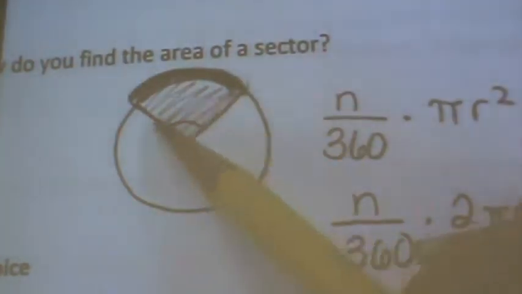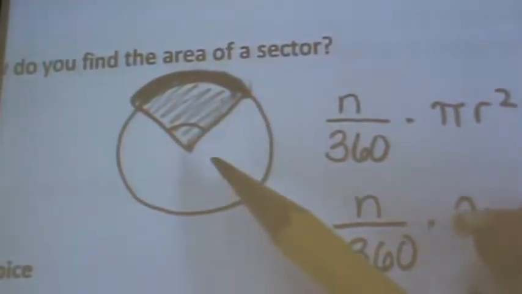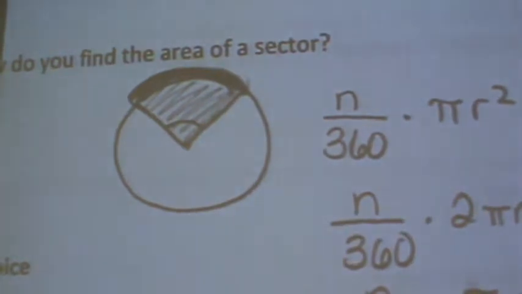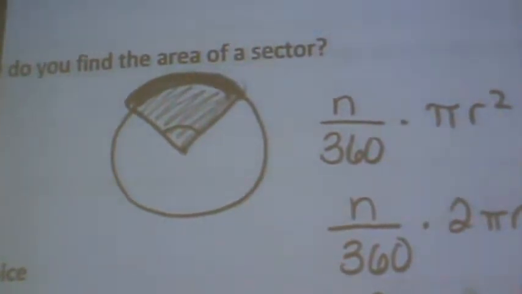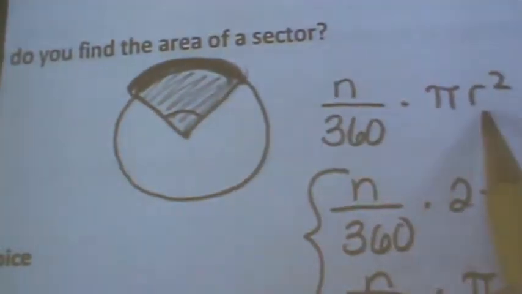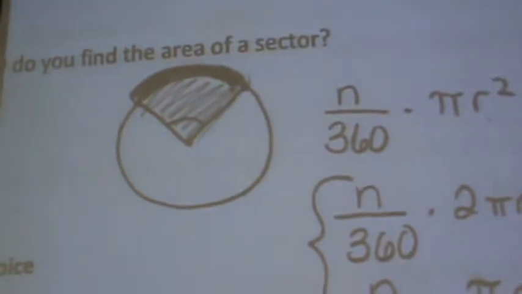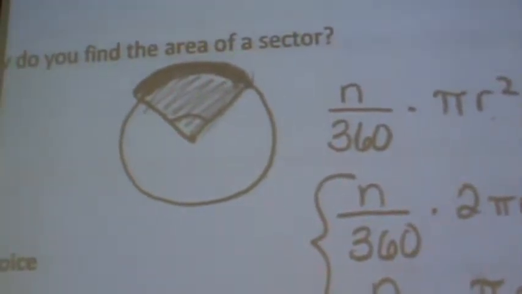So if they want the area, like how much pizza someone ate, these two formulas just give you the crust, and this one will give you the area inside, okay? All right, ready for the 40 multiple choice?